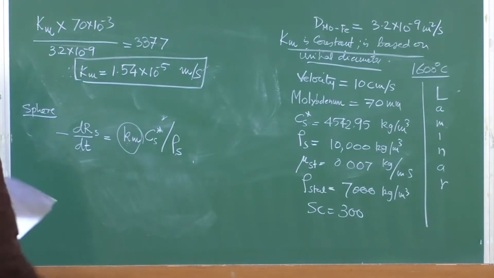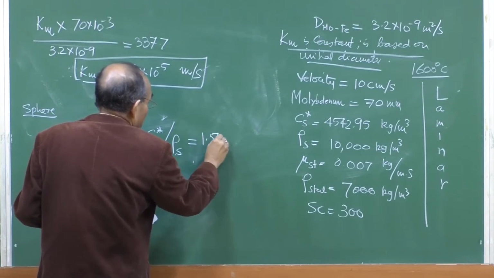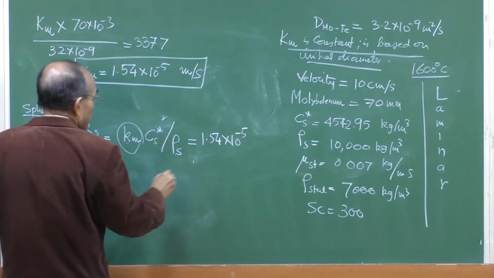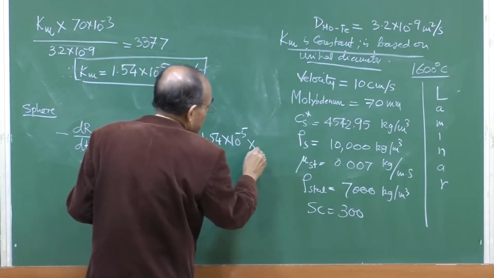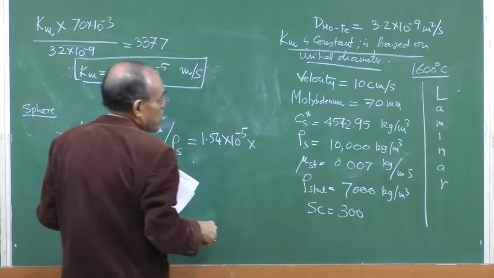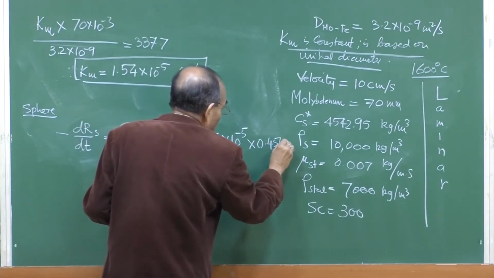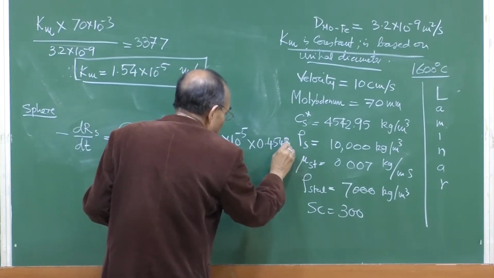Now, if you substitute here, you get 1.54 into 10 to the power minus 5, and then this is going to be multiplied by C S star, divided by 10,000. So, it is going to be 0.4542, or we can take it to be 0.43.